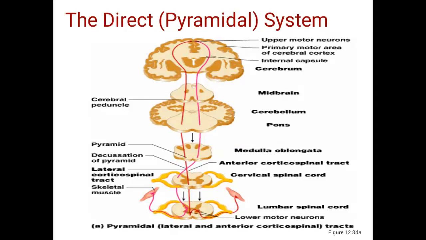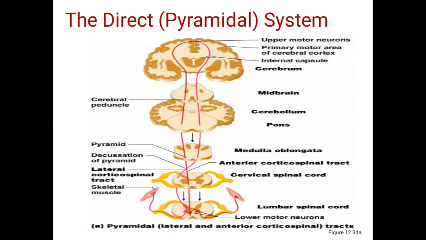What is the course of the pyramidal tract? The pyramidal tract fibers which arise from the cerebral cortex pass as a radiating mass of fibers known as corona radiata to reach the internal capsule.